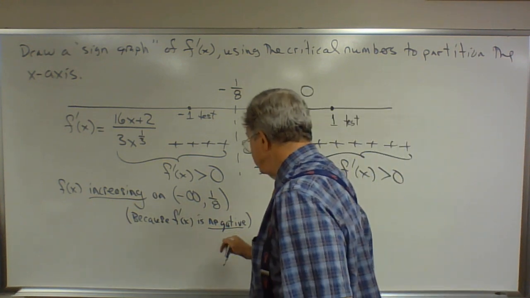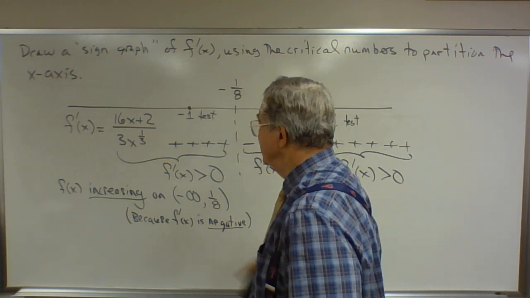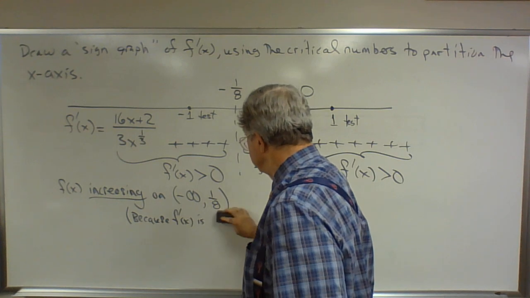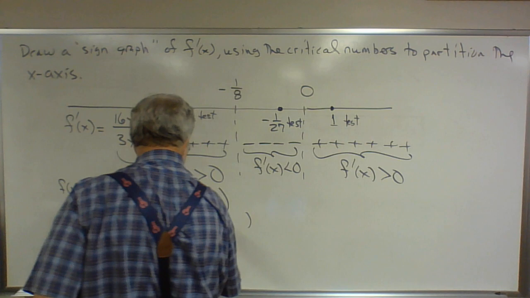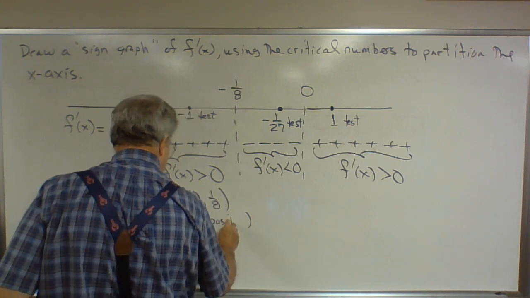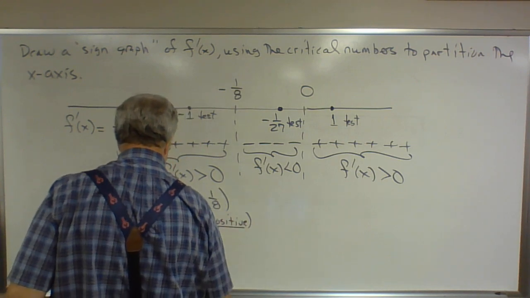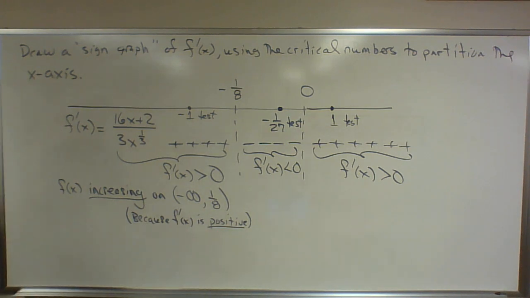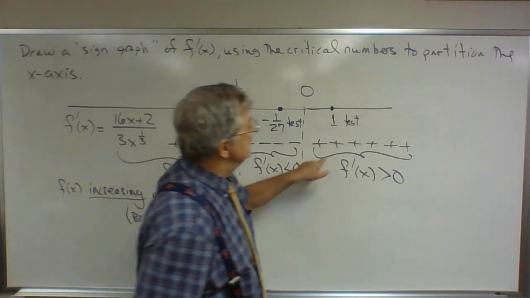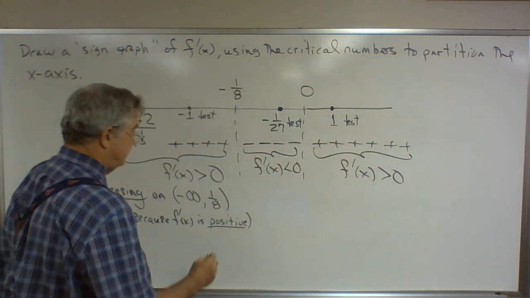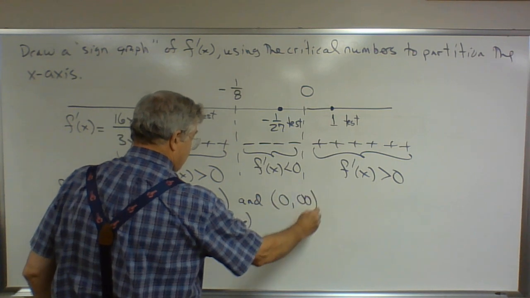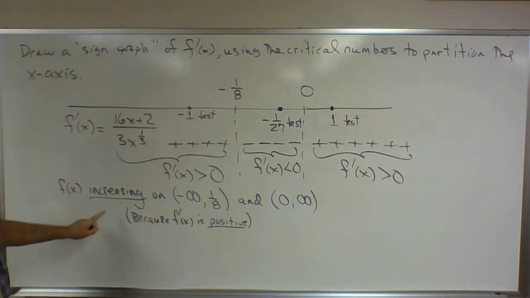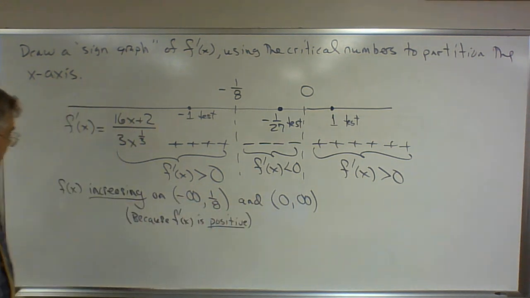F prime of x is positive. What am I saying? Increasing and positive. F prime is also positive from 0 to infinity. So f of x is increasing on this interval as well.